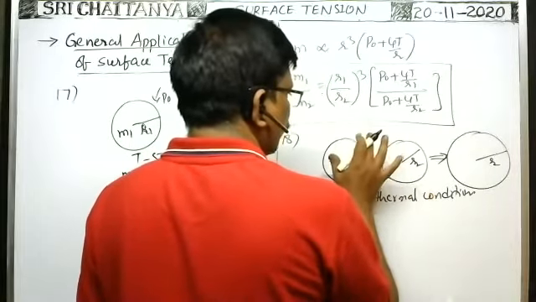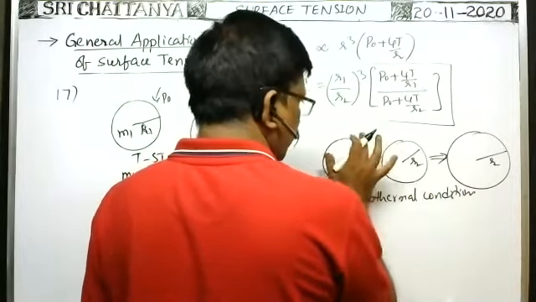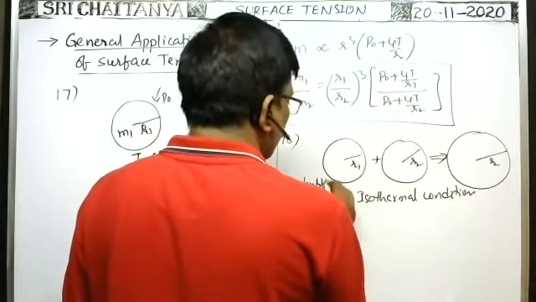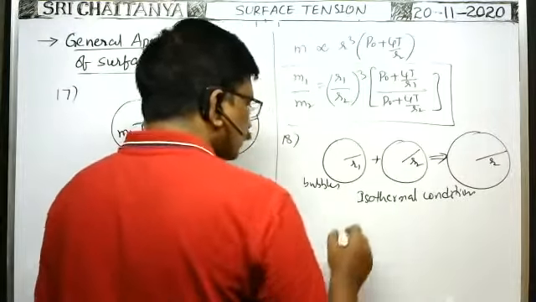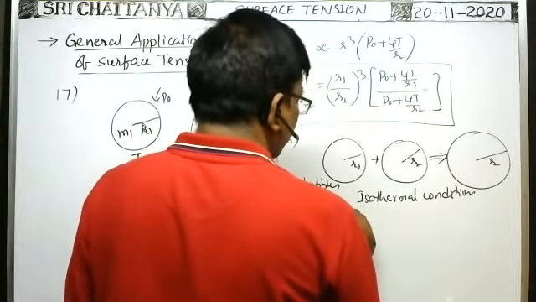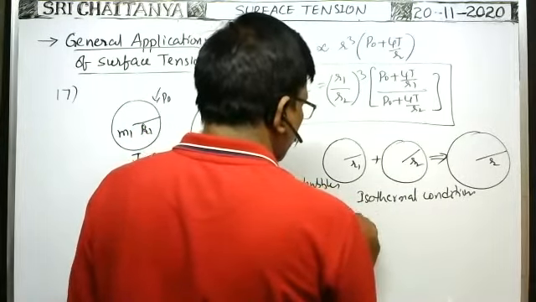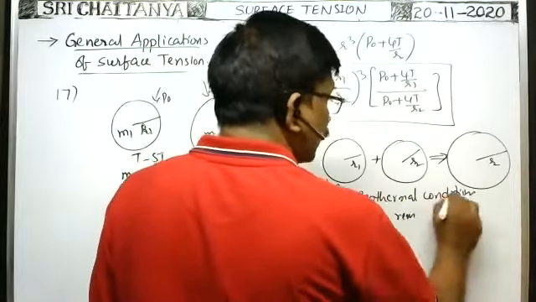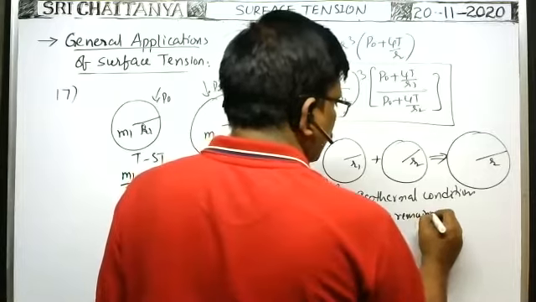So the total surface energy of these two bubbles is the same as the total surface energy of the bigger bubble. Total surface energy remains constant under isothermal condition only, not in all conditions.